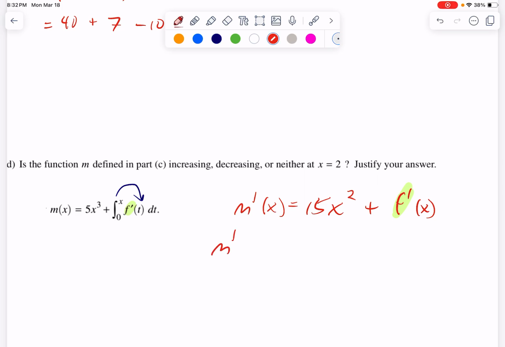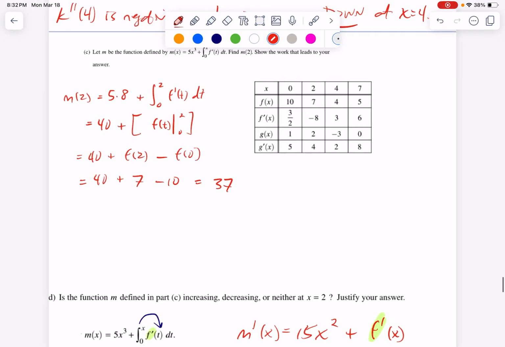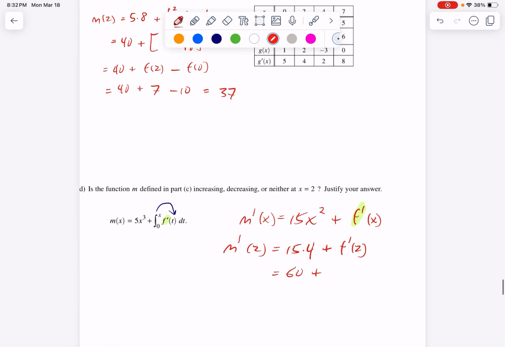So now m prime of 2 would be 15 times 4 plus f prime of 2. So that's 60 plus f prime of 2 is negative 8. Which is 52.